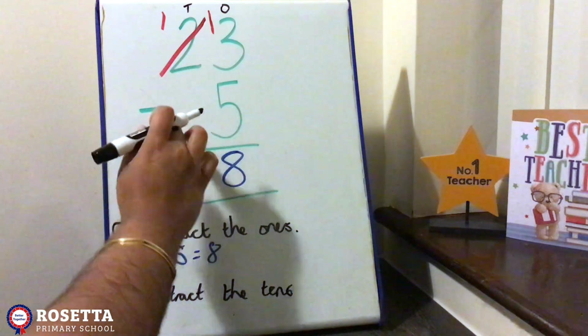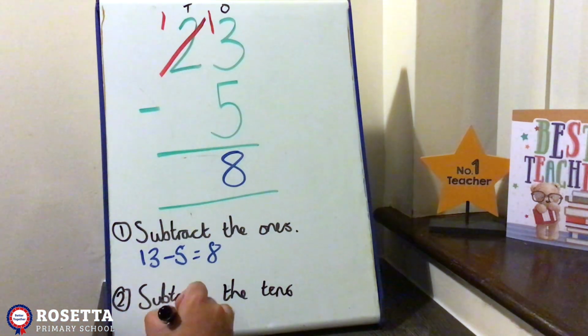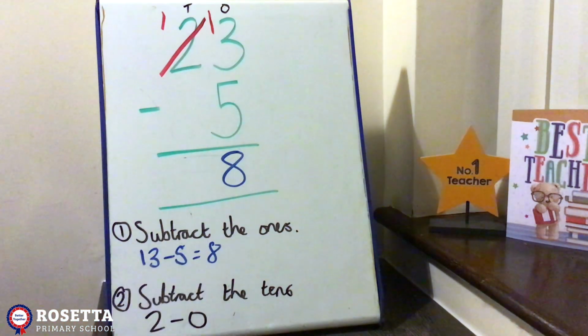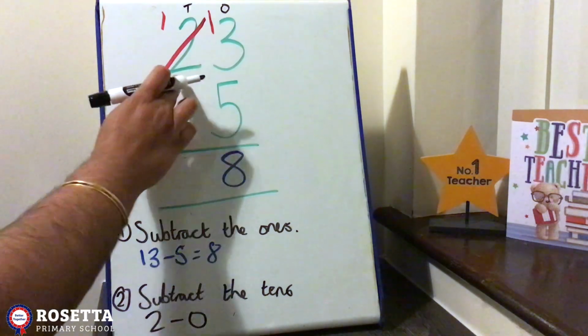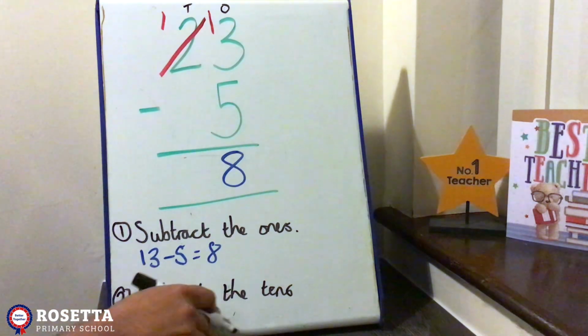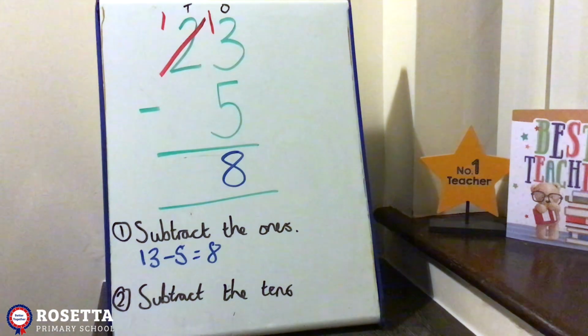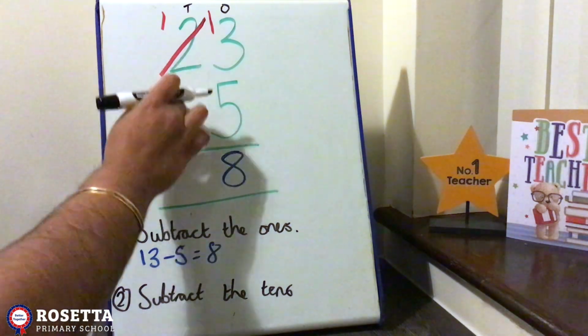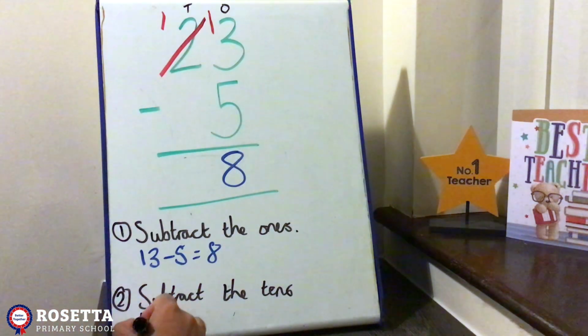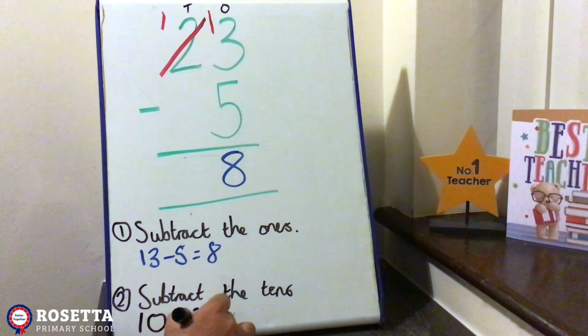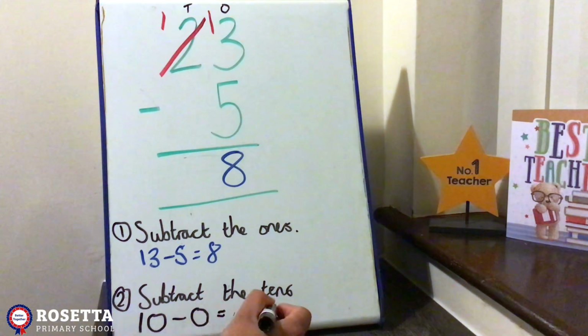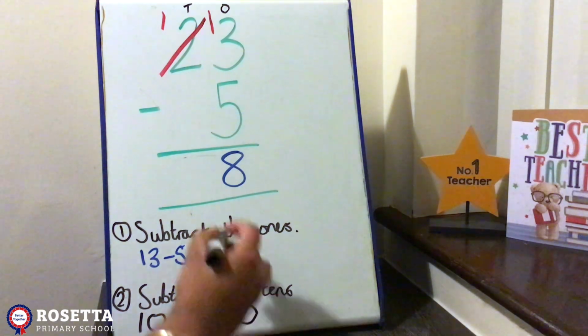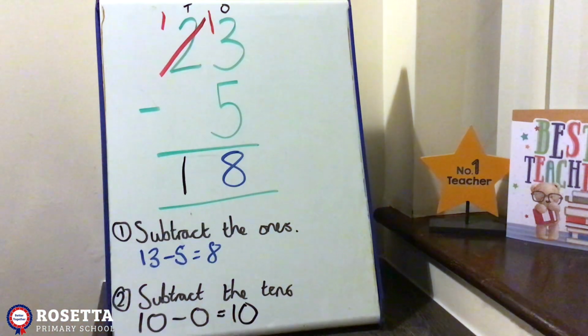So is it 2 take away 0? No. Is it still 2 10s? Is it 10? That's right, it has become 1 10, which is 10, so it's 10 take away 0, which is 10. Fantastic. So our answer we have is 18.